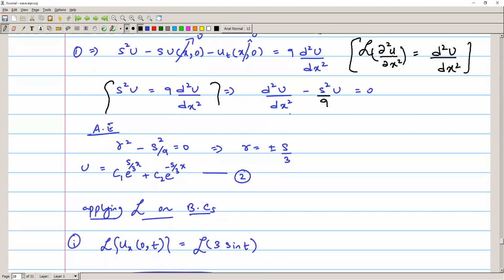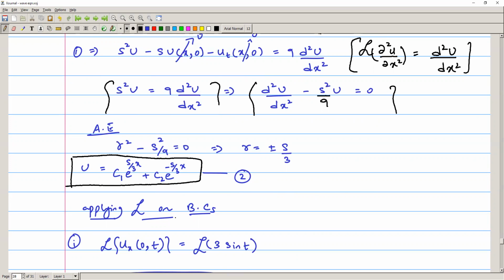Now this is an ordinary differential equation. We can solve it easily. It's a homogeneous equation, so we construct the auxiliary equation and find the roots. The roots are plus or minus s/3. Therefore, the solution for this ordinary differential equation is U equals c1 e^(sx/3) plus c2 e^(-sx/3).